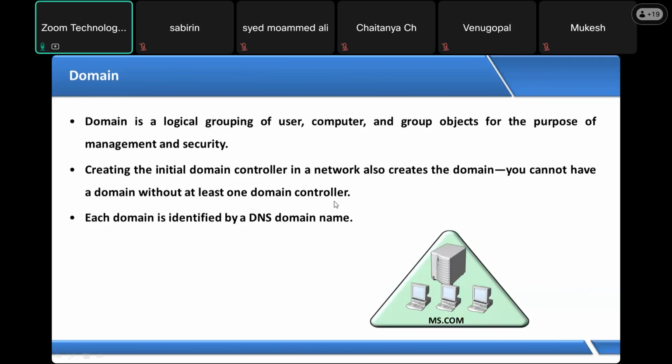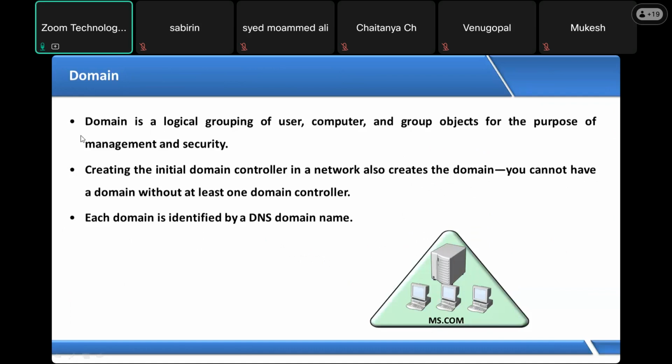No. But that boundary we can identify, or the domain can be identified by the domain name. I repeat, domain is a logical boundary under which all the devices will work with a common DNS name. The DNS name is nothing but the domain name, for easy administration and security.